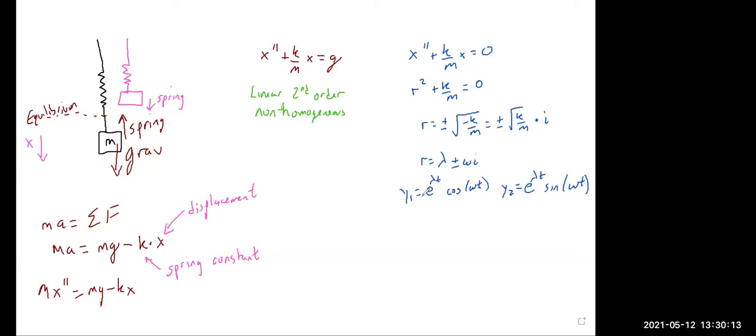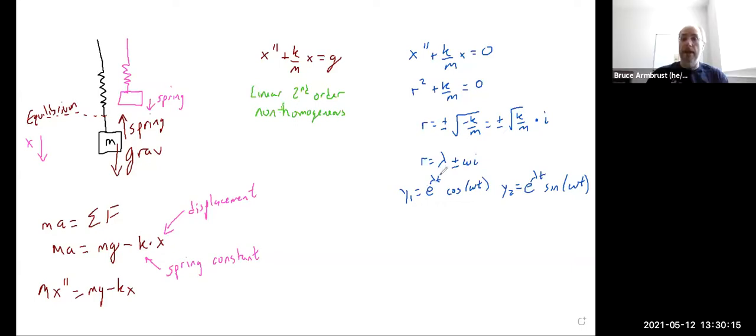So that means the e to the 0 piece goes away. And then omega is the square root of k over m. So we're going to get y1 is cosine of the square root of k over m times t, and y2 is the sine of the square root of k over m times t.